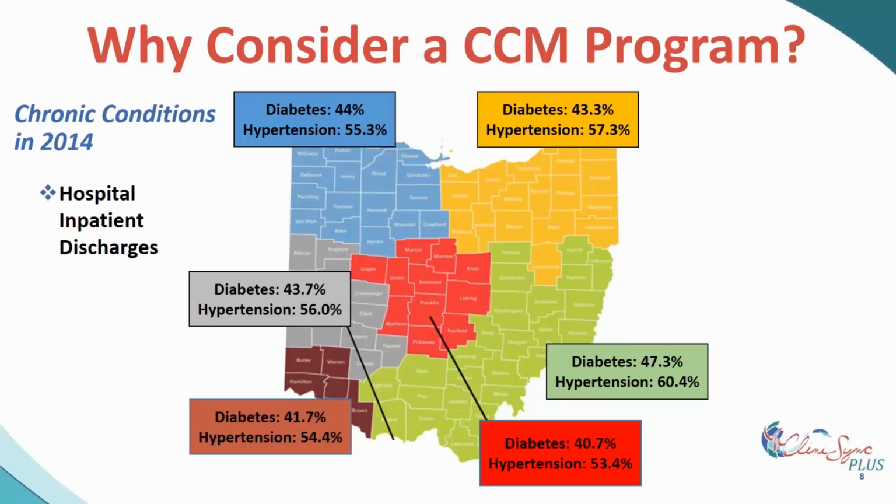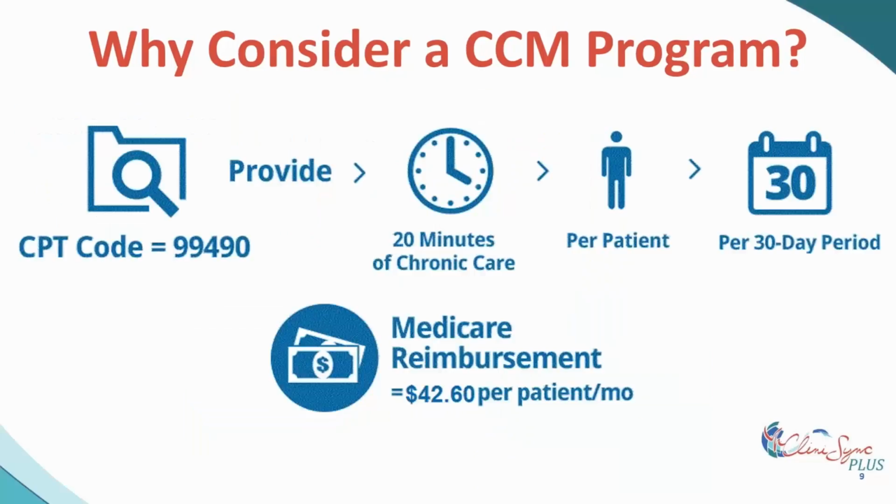Now, this is from hospital discharge data. 50% or more of discharges across the state have hypertension, active hypertension in the problem list, and you're seeing north of 40% with diabetes, and I believe the occurrence of both was right around 20-25%. So if you have a chronic care program that focuses on nothing more than just the occurrence of both diabetes and hypertension, that's still going to be a large portion of your patient base.